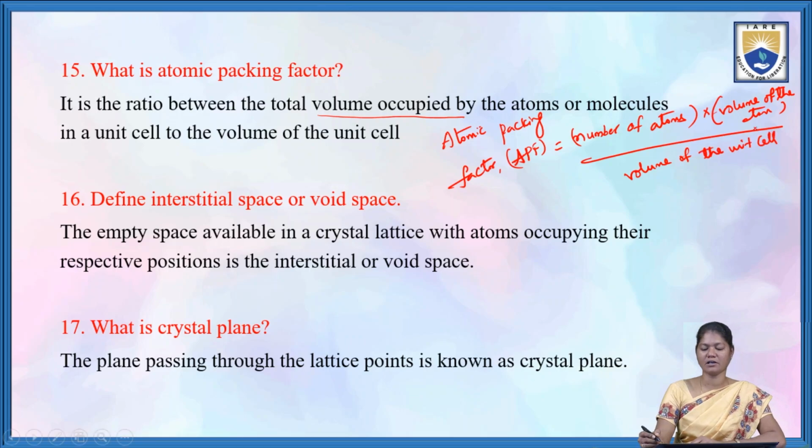When multiplying number of atoms by volume of the atom, we get the total volume occupied.